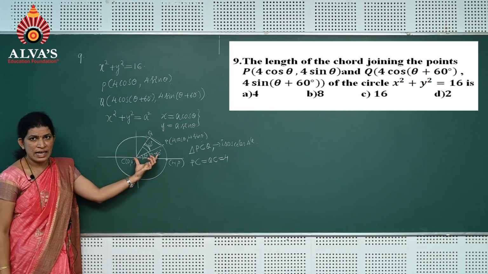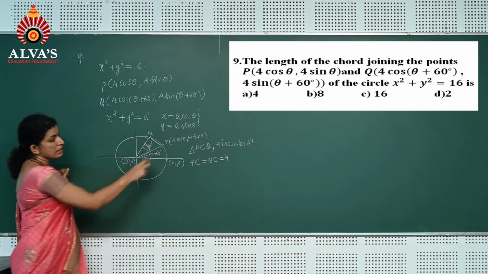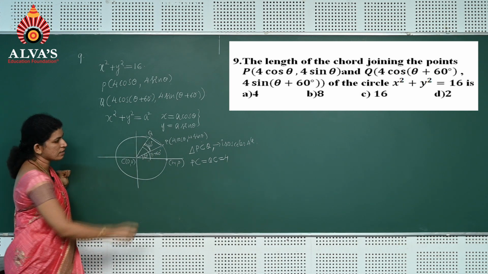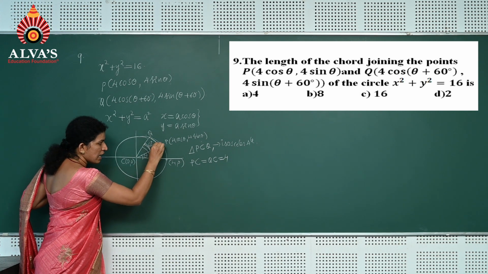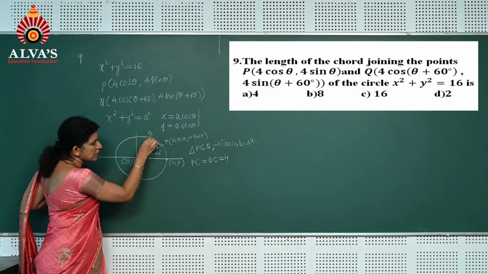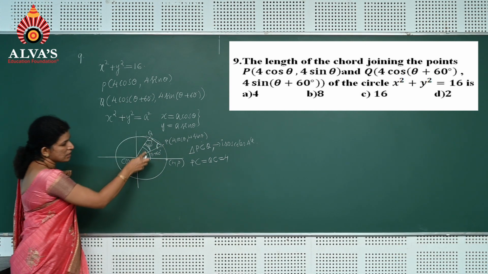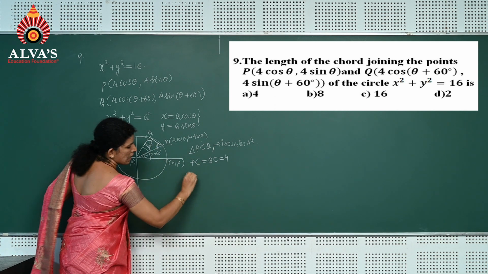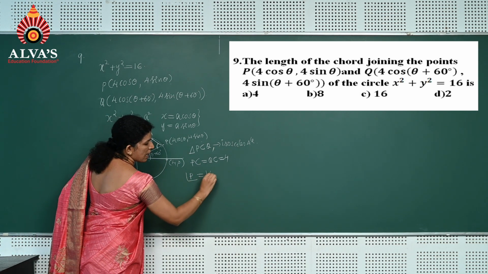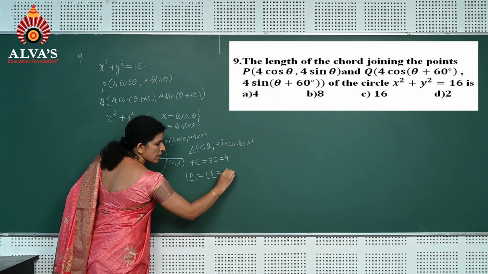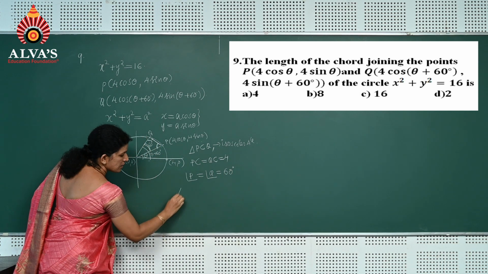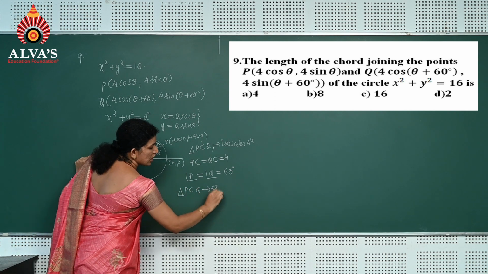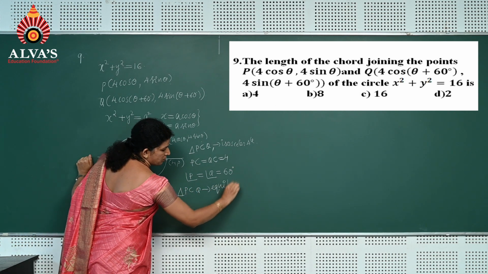Since the triangle is isosceles, the angles opposite to the equal sides are the same, so this angle as well as this angle are the same. This is already 60 degree. These two angles are the same, so angle P as well as angle Q must both be 60 degree, which means triangle PCQ is an equilateral triangle.